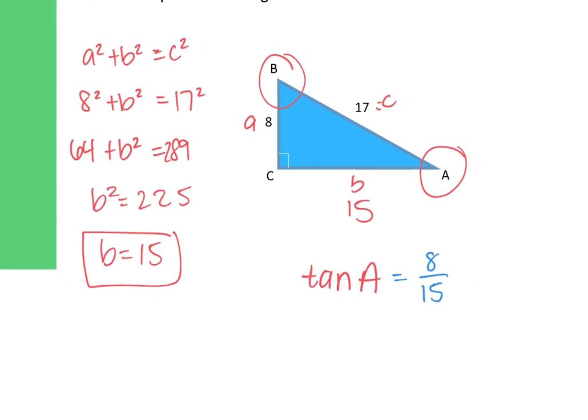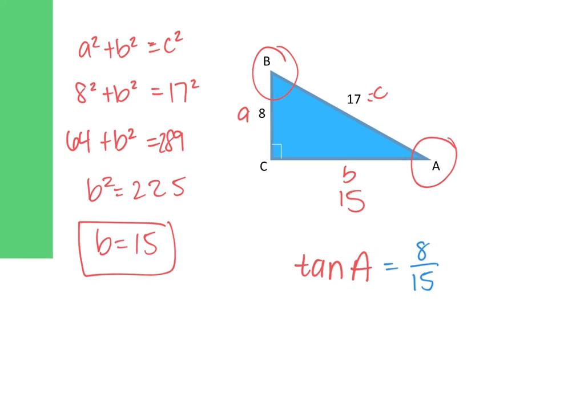So, we've got 8 over 15, but how do we find the actual angle? You have to divide 8 divided by 15. But what function do we need to use? The inverse. The inverse, okay? So, A is going to be the tangent inverse of 8 over 15.